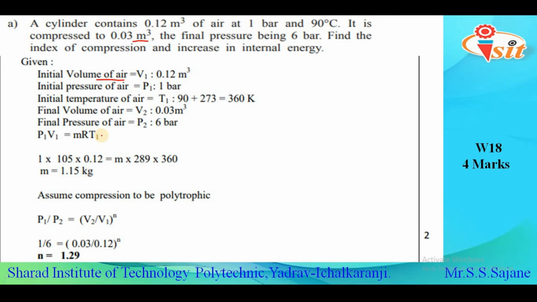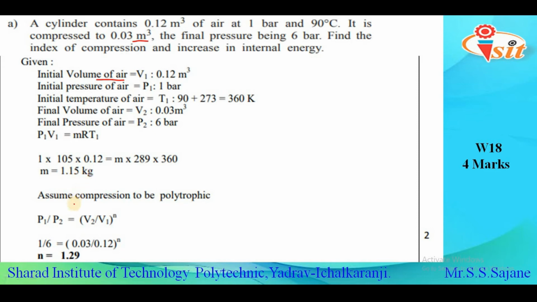Now since they have not given the value of the characteristic gas constant, in this particular paper, that is in this model answer, they have assumed this value equal to 289. So even if you substitute this value as 287, then also it is okay. After all this substitution, you will get the value of m equal to 1.15 kg.